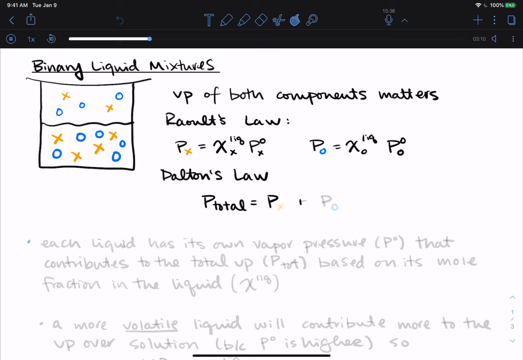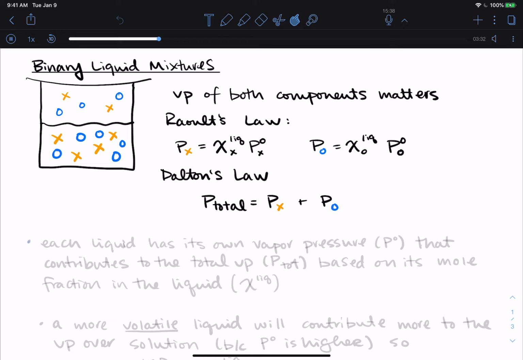So the total vapor pressure over the solution will be the pressure from X plus the pressure from O. So all of these relationships together will let us determine different pieces of information about the solution.